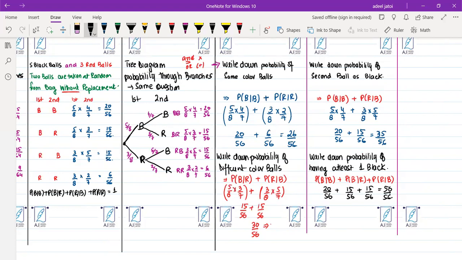Suppose I need black and black with replacement. So this 4 upon 7 will be 5 upon 8. This 2 upon 7 will be 3 upon 8. But this will only happen when the question says with replacement.